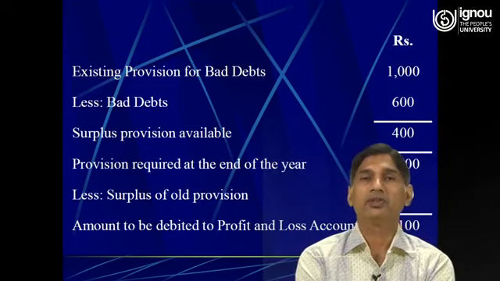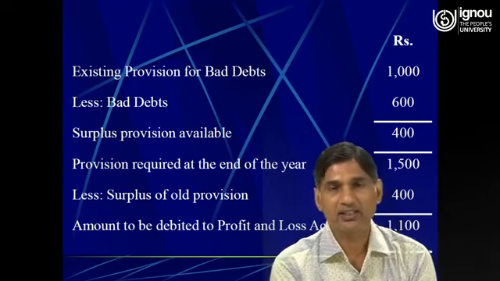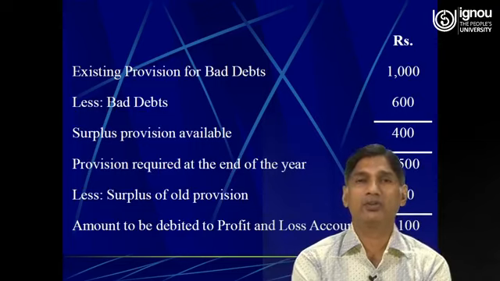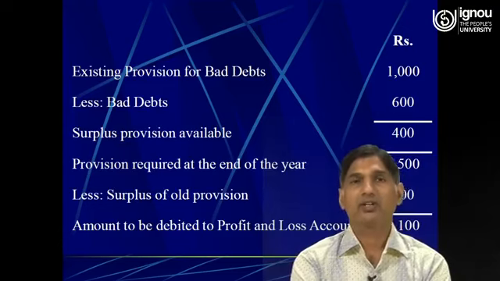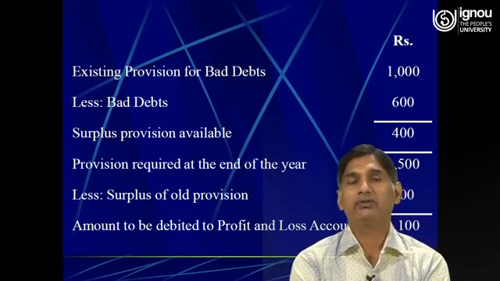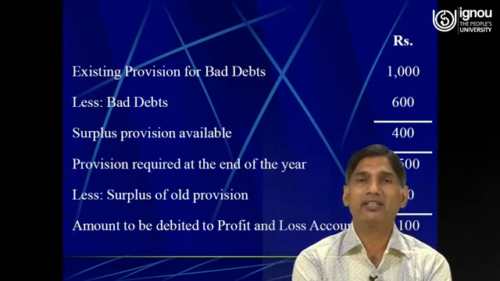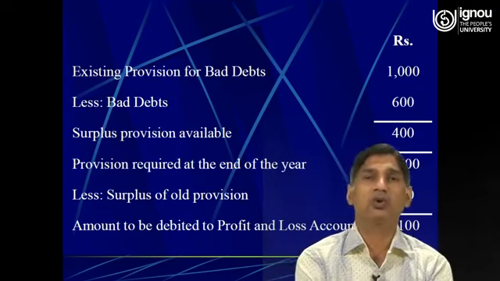Here you can see the equation. The existing provision for bad debts is rupees 1000, that is the old provision, less bad debts. When the old provision has been provided in the trial balance, any amount of bad debts taking place in the current year will be met first from the old provision.